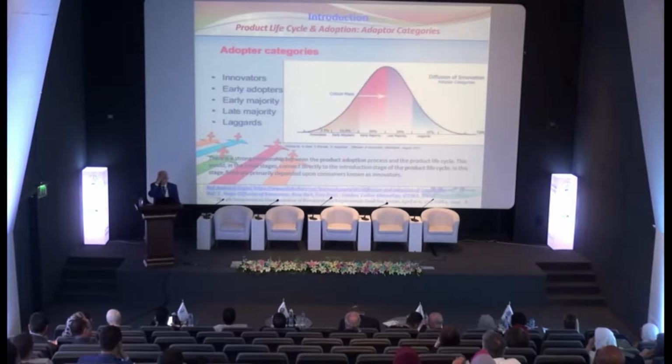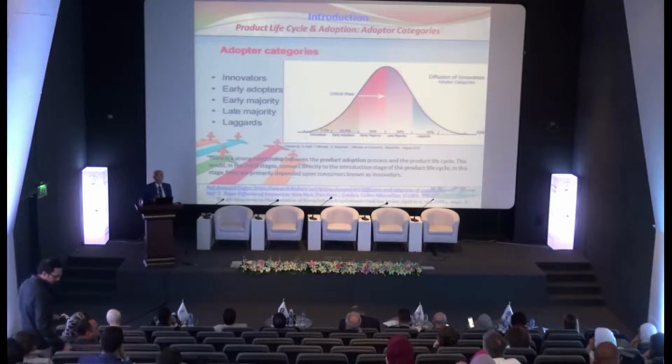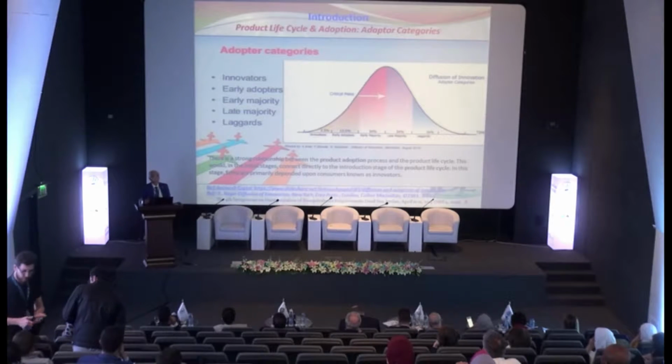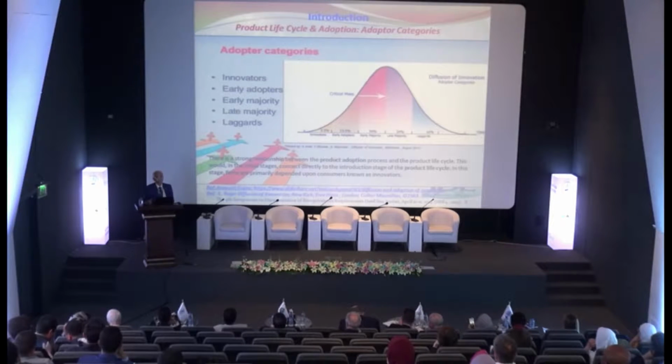Before continuing to the comparator product issue, I would like to give you some adopter categories: product life cycle and adoption issue. As we all know, the new drugs come from the innovator companies.